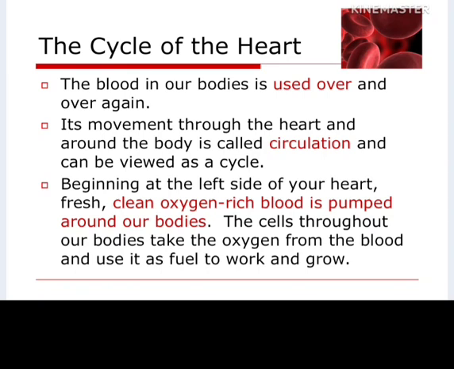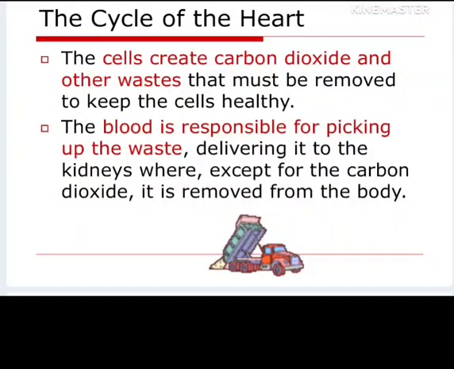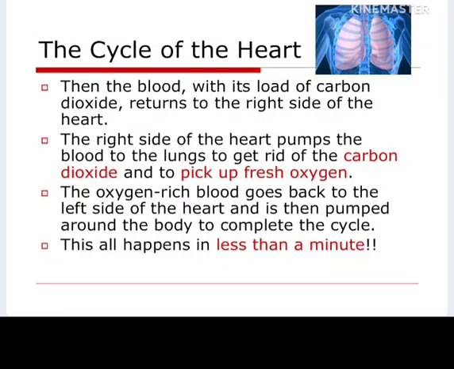Next, the cells create carbon dioxide and other waste that must be removed to keep the cells healthy. The blood is responsible for picking up the waste and delivering it to the kidneys, where the waste, except for the carbon dioxide, is removed from the body. So the kidneys are useful to filter the blood.